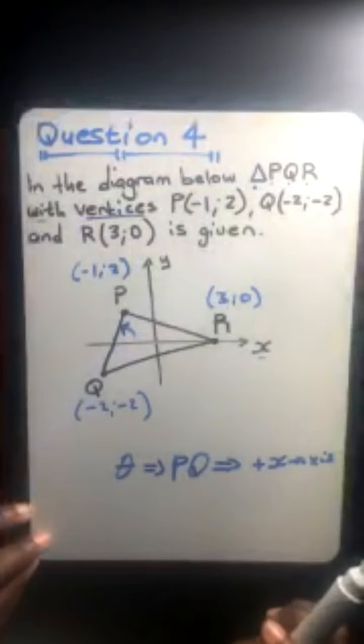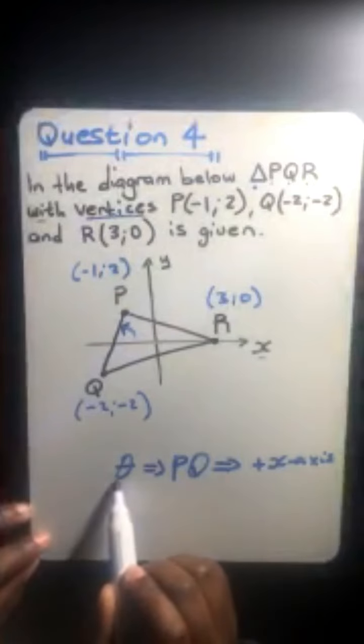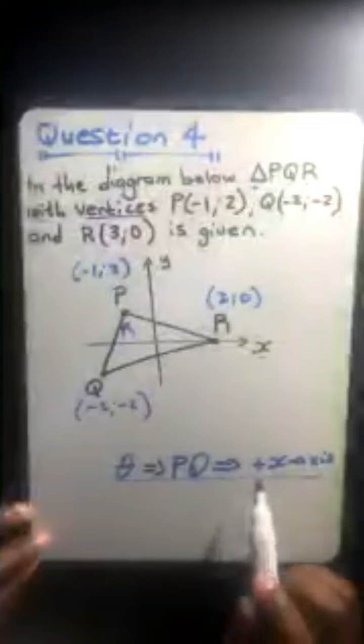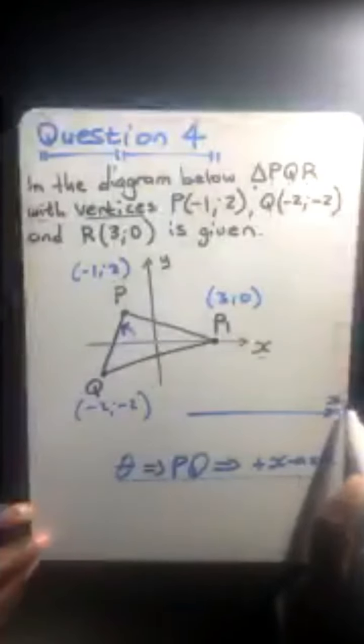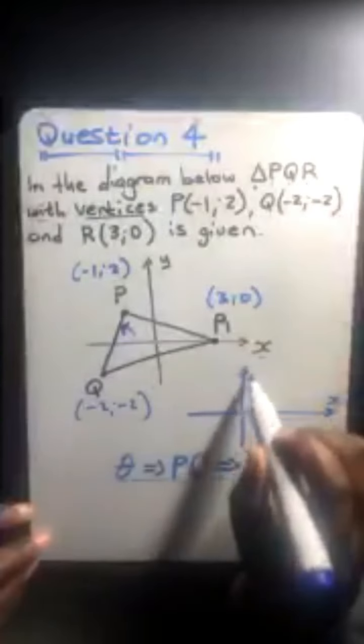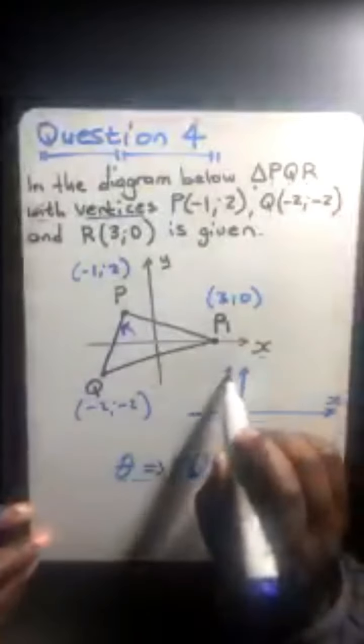So every time they talk about an angle formed with the positive x-axis, let's say you've got that line being the x-axis, and obviously the y-axis.